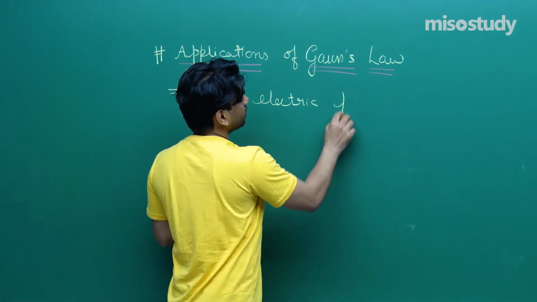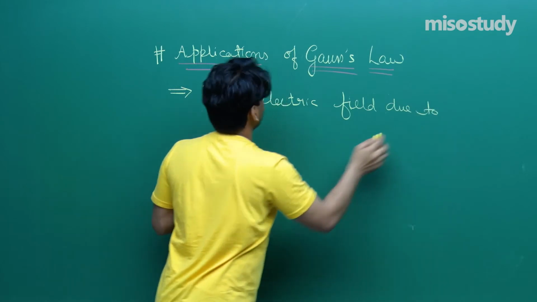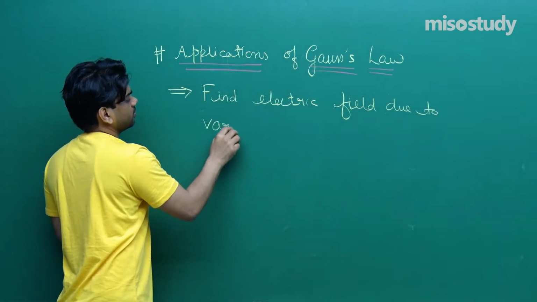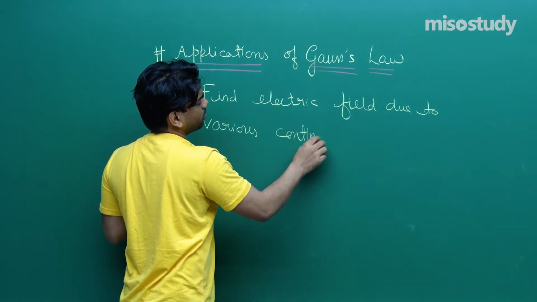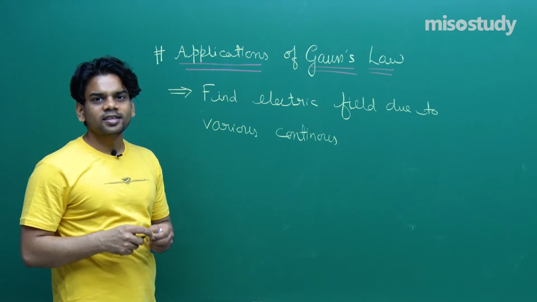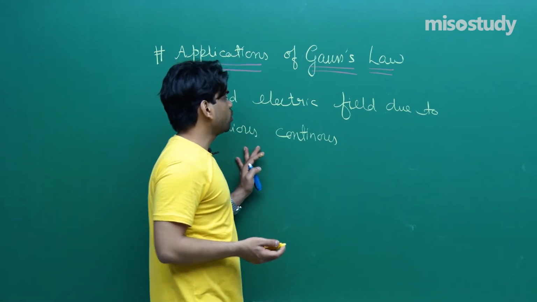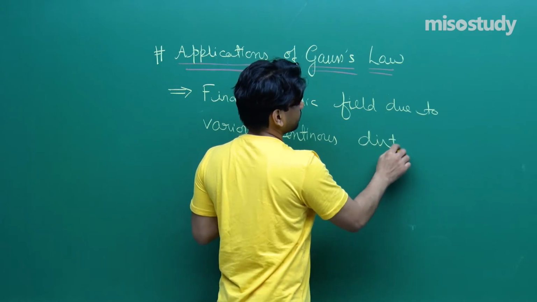So we find the electric field due to various continuous distributions of charges. Right now I'm saying continuous, but wherever applicable, we can also use it for discrete systems of charges.